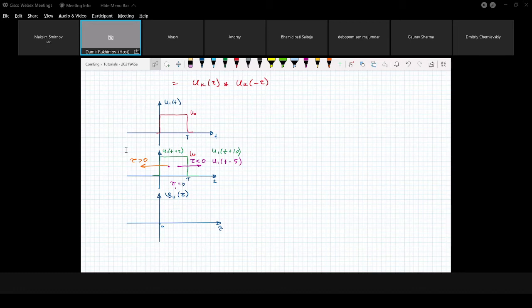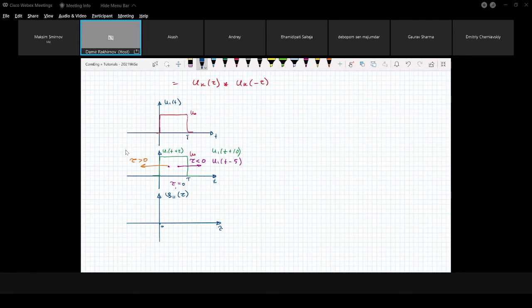What you do, you need to multiply these two functions element-wise. And then you need to integrate over the whole range from -infinity to infinity. When you multiply two amplitudes, you get u0 squared. And when you integrate from -infinity to infinity, you actually integrate only in the range from 0 to capital T. It's the area of a rectangular pulse.